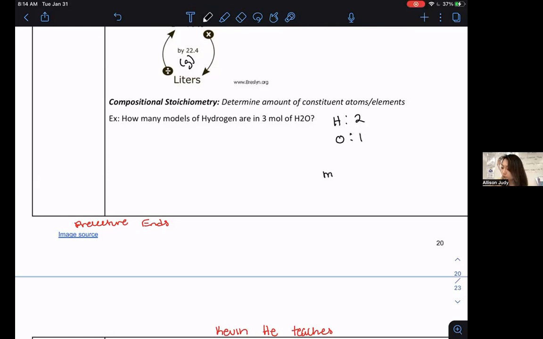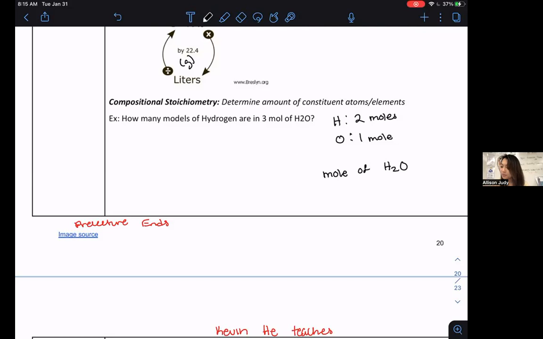Well, if we have a mole of water, if we were to scale that up to go from talking about it from a single atom view to a mole view, we would say then that we have 2 moles of hydrogens for every 1 mole of oxygen to produce a single mole of H2O compound. Okay, and so we can use the mole to quantify at a macroscopic level the ratios necessary in a compound.